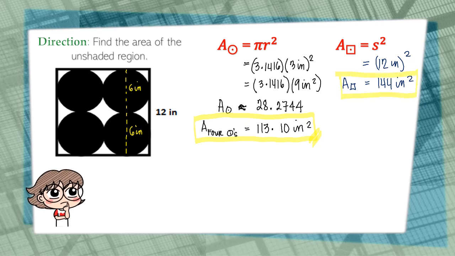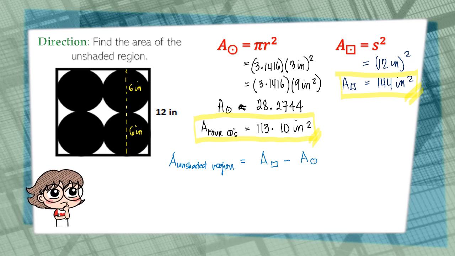And lastly, last thing we should do is what? We are going to subtract, to find the area of the unshaded region. So it's quite long. Unshaded region is equal to area of our square minus area of our circles.